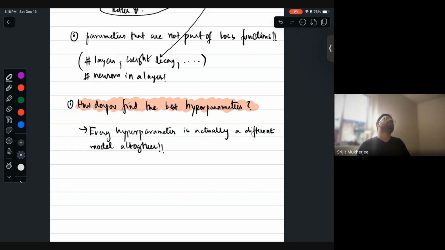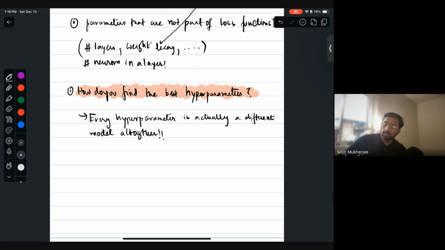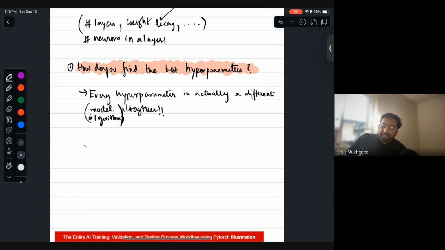Not just a model, you can say algorithm. Why I'm saying this is because you can take the same model, but you can have different loss functions too.